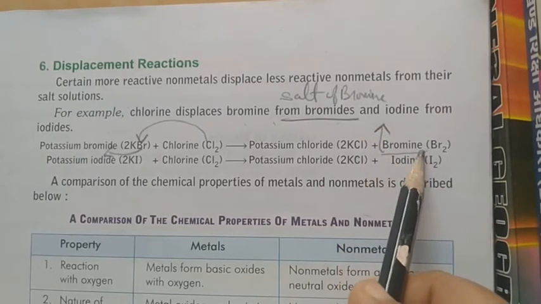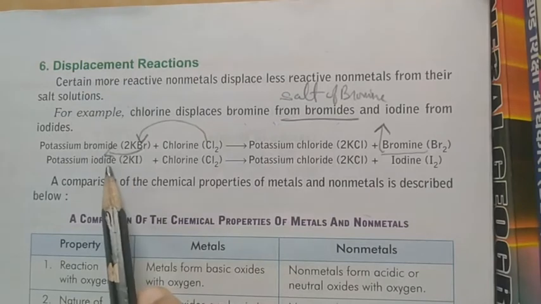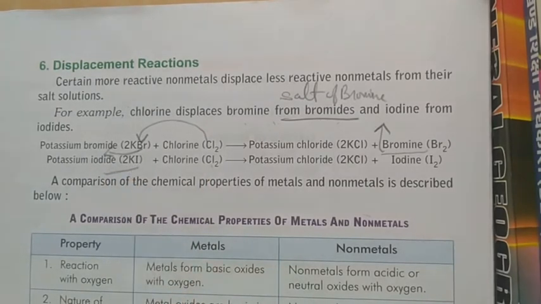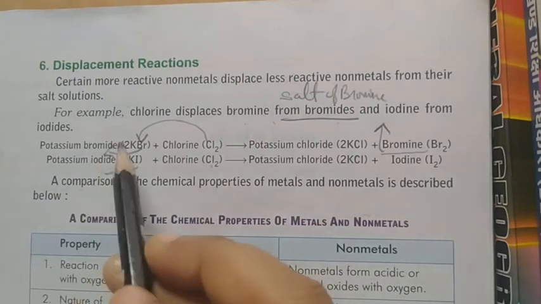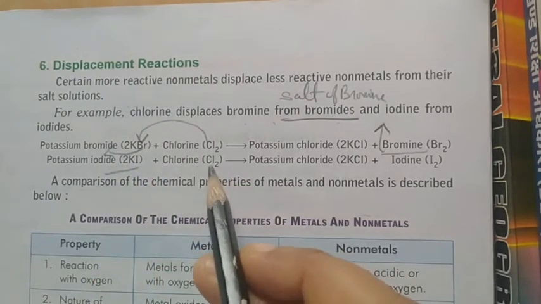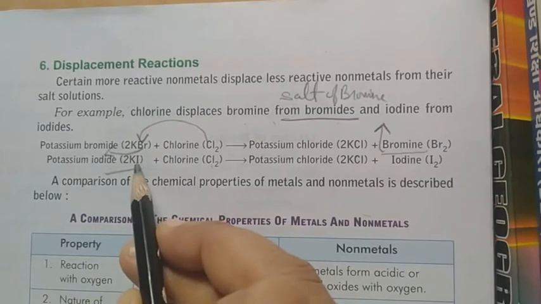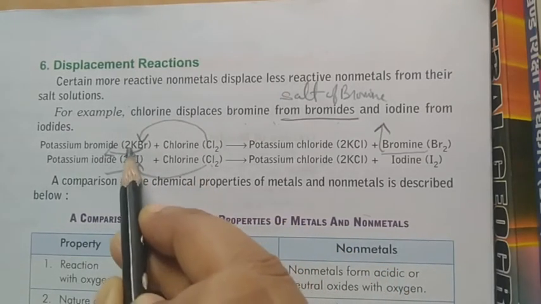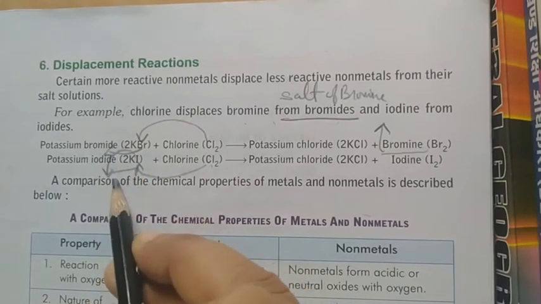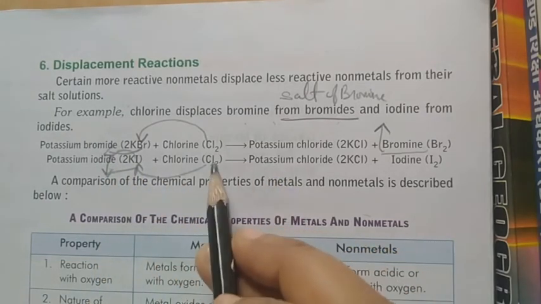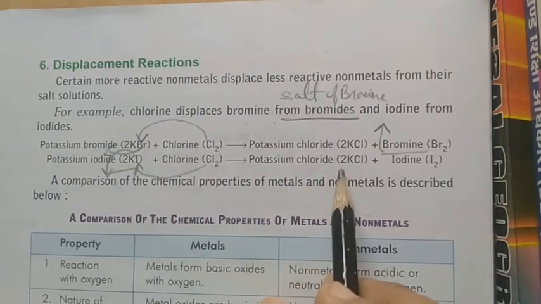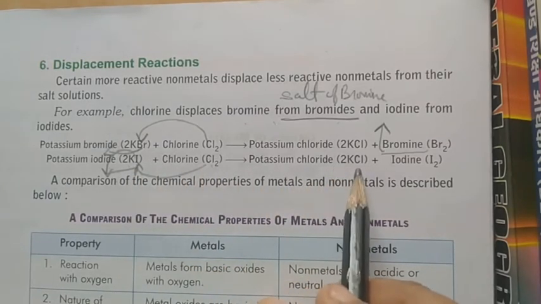Similarly, let us see chlorine added to potassium iodide solution, KI. Chlorine being more reactive than iodine, it will remove iodine from its compound, join with potassium and form KCl, potassium chloride.